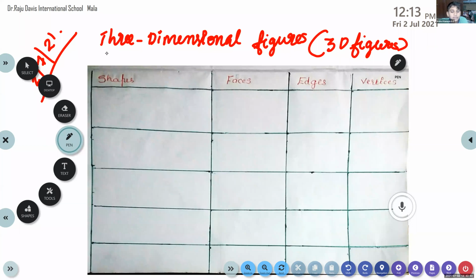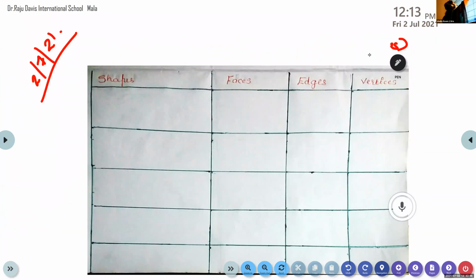We should first write the heading. I hope you already drew the table in your math notebook. Last day I sent a message, so I hope you already drew this. Write the heading.